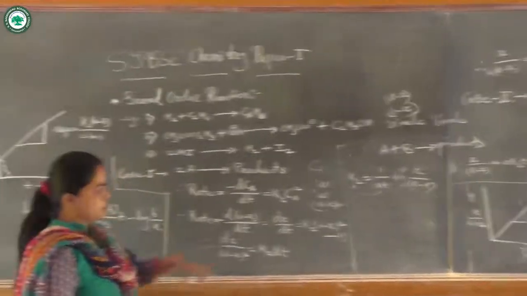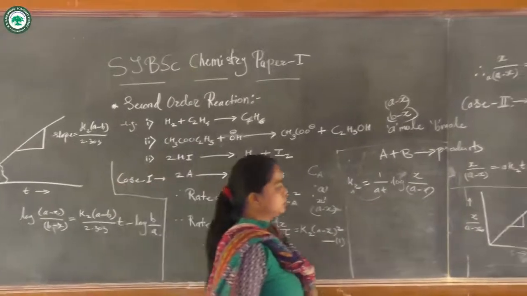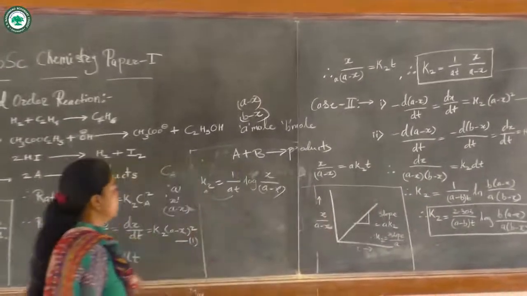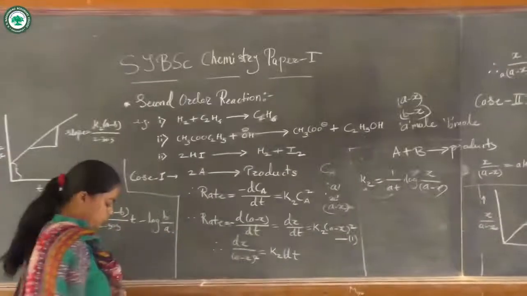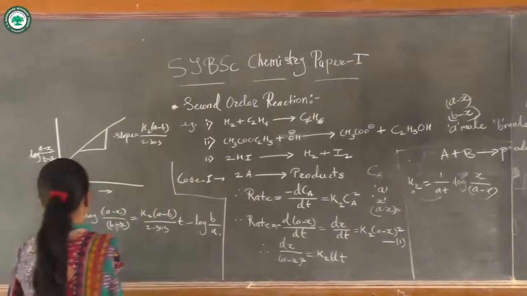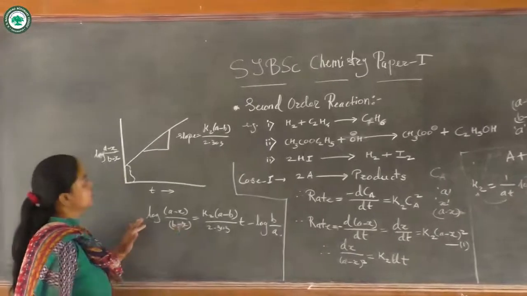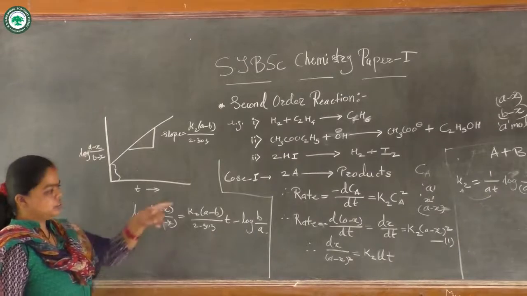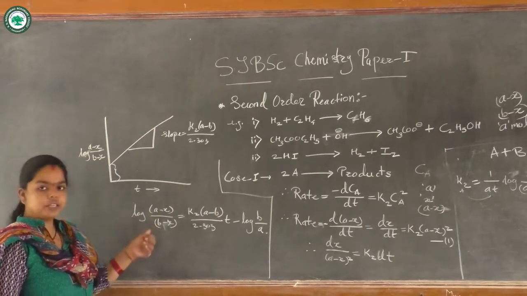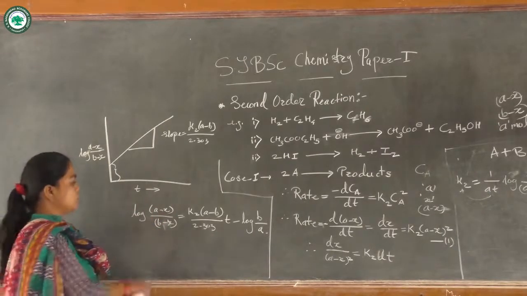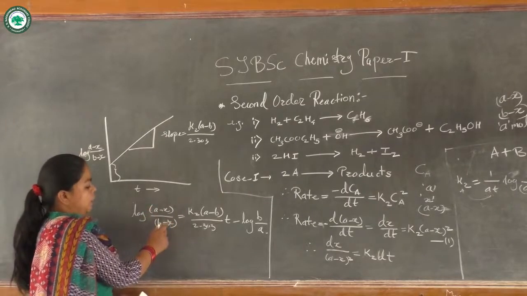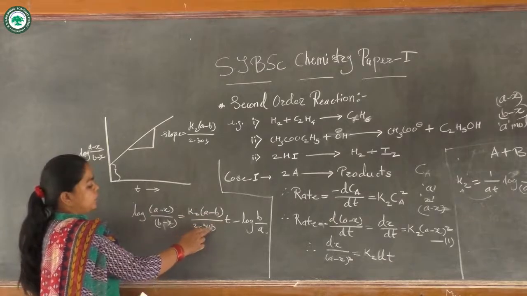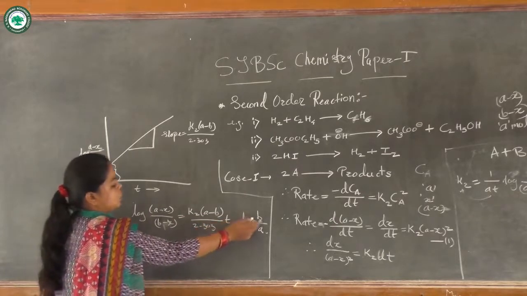For the second equation, we can solve this equation and it can be shown here. The graph is given. Now let us see this graph. The second equation is rearranged to get log of a minus x upon b minus x equals k2 into a minus b divided by 2.303 t minus log of b upon a.